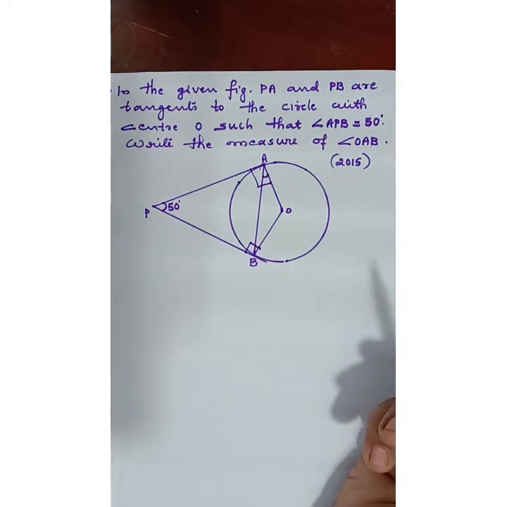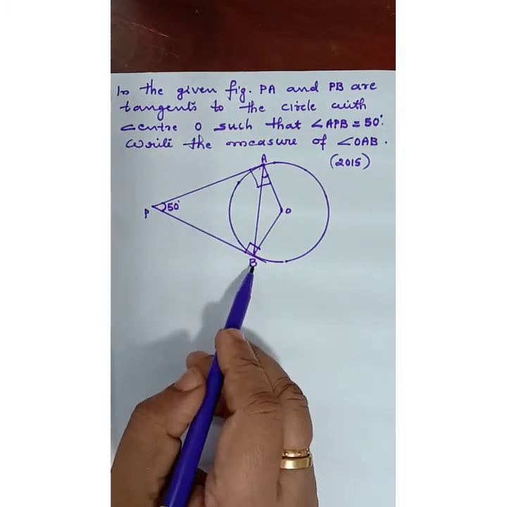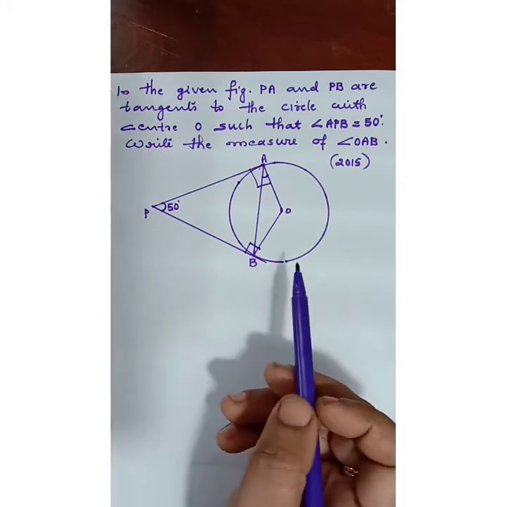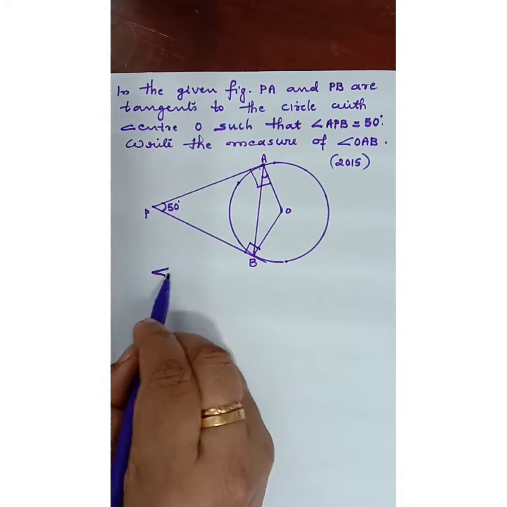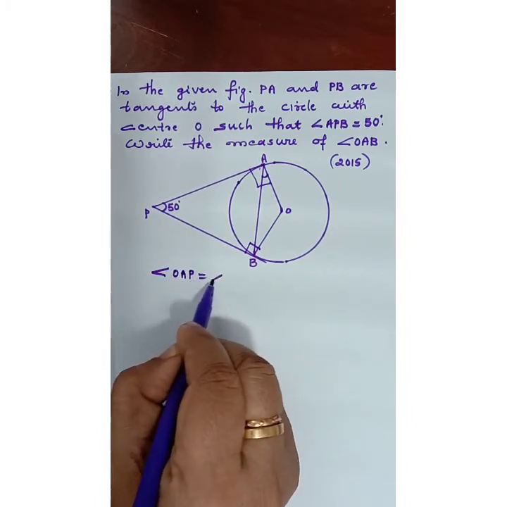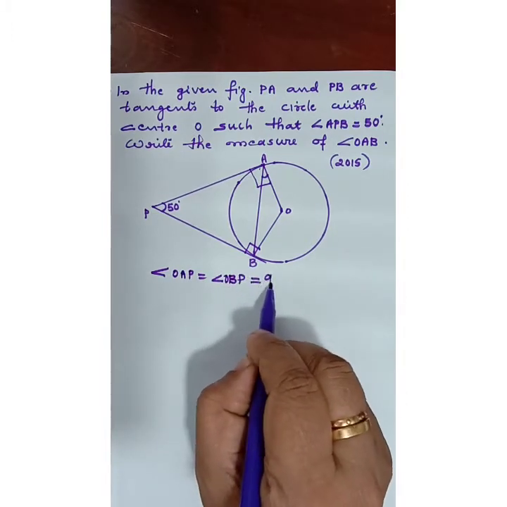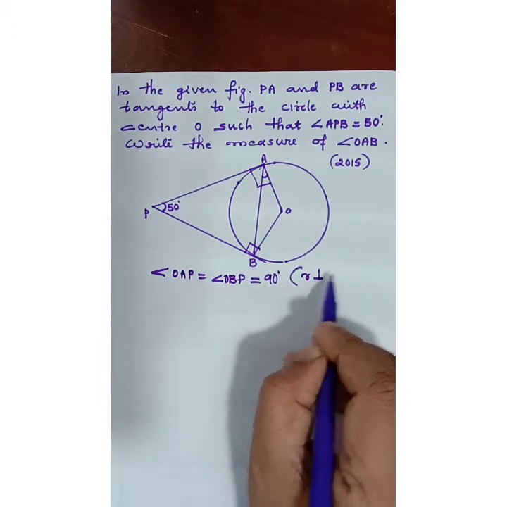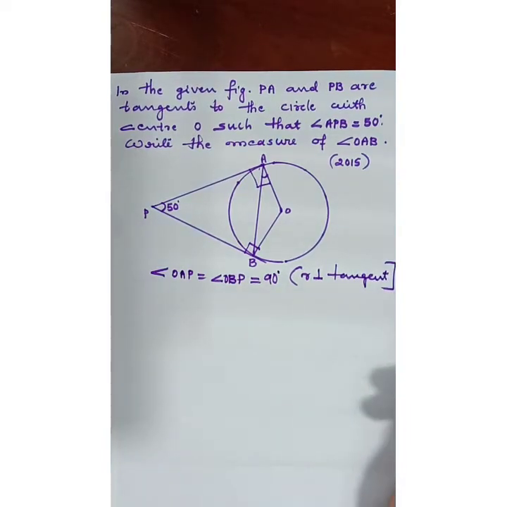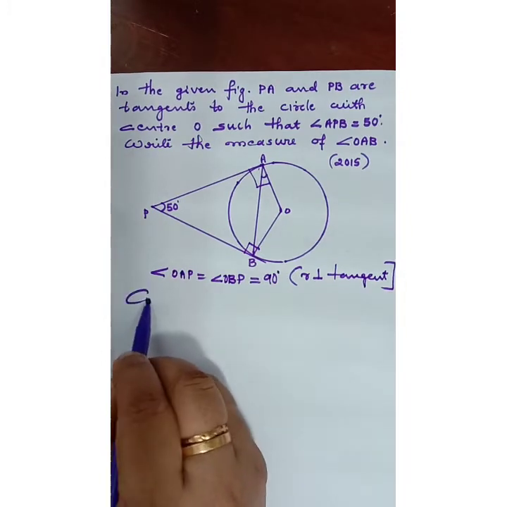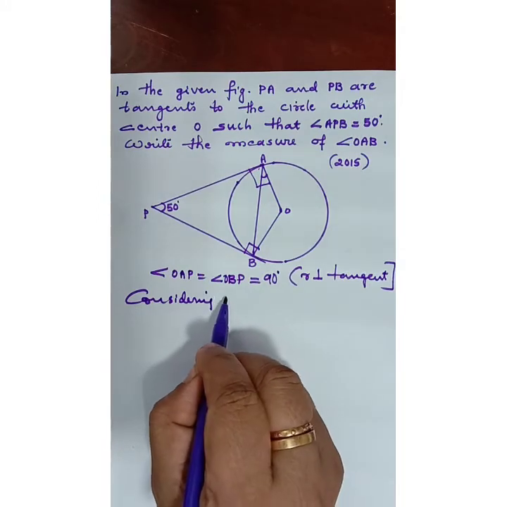So let us write all these steps. We know that PA is equal to PB, length of the tangents equal. Then angle OAP is equal to angle OBP, that's equal to 90 degrees. Reason: radius is perpendicular to tangent at the point of contact. Therefore, we are considering quadrilateral OAPB.